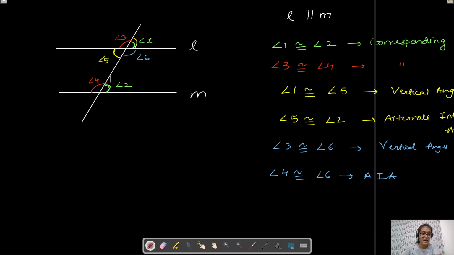Okay, now if you see, angle 4 is going to be congruent to this guy. Let's say that this is angle 7. So angle 3 is congruent to angle 4 and angle 4 is congruent to angle 7. So that means angle 3 is going to be congruent to angle 7.